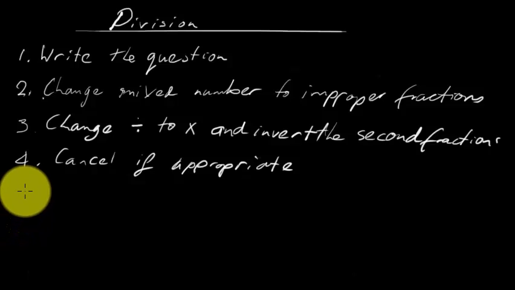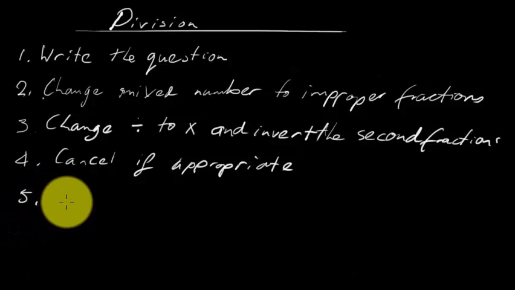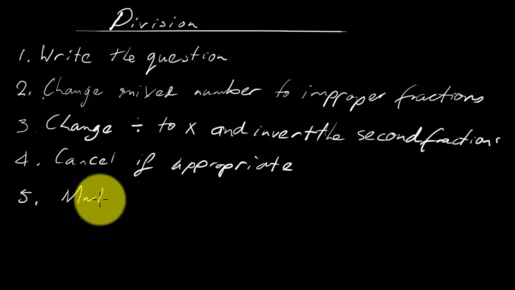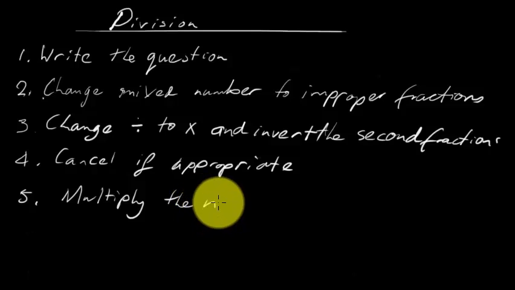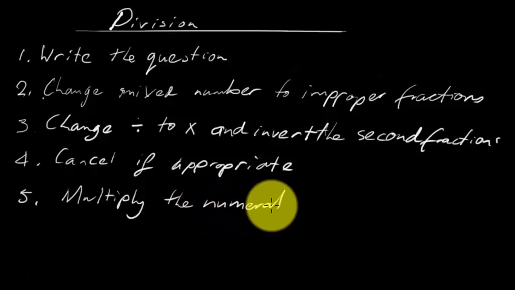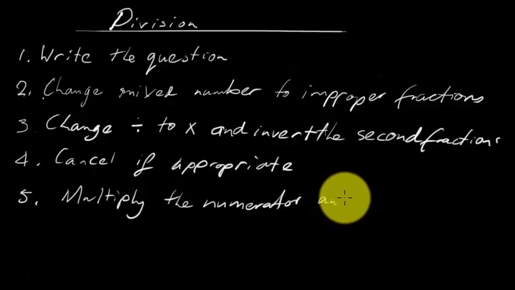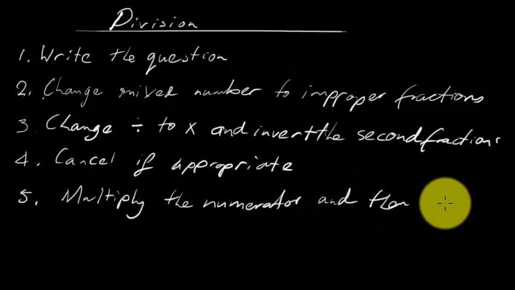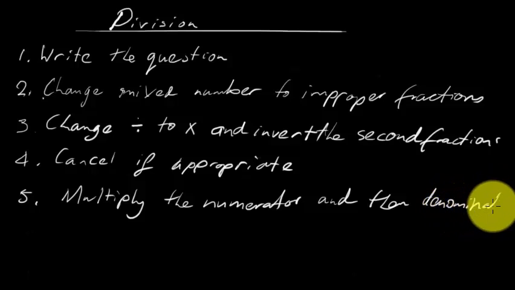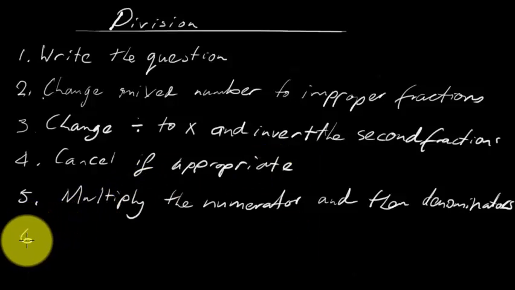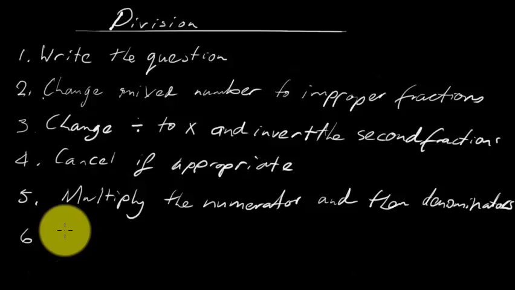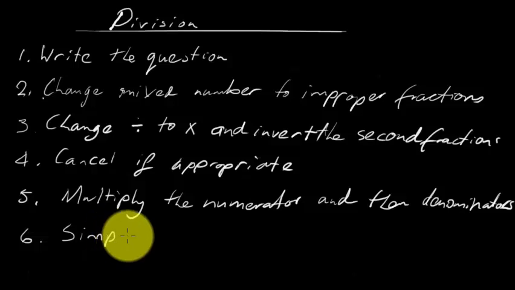So fifth step is the same as for multiplication, and that is to multiply the numerators and then multiply the denominators. Okay, so the same as for multiplication. And the final step is, if appropriate, we simplify and use a mixed number if that's appropriate.